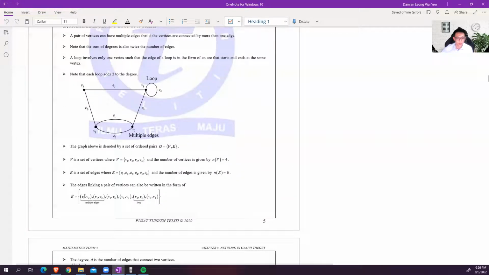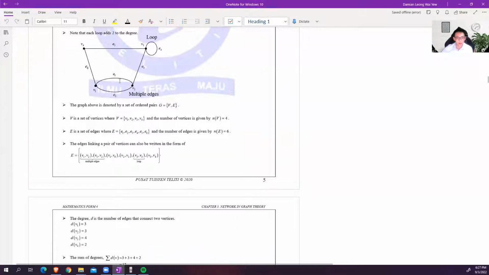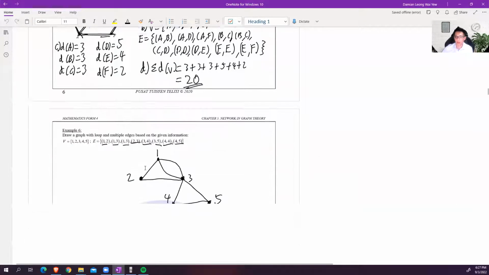Yeah. Vertex pairs. Yeah, that's very common. Which vertex and which vertex creates the edges. Yeah, the same one, like this one, E1 and E2 has 2. So V1, V2, V1, V2, we have to write twice. Make sure you don't only write once for multiple edges.